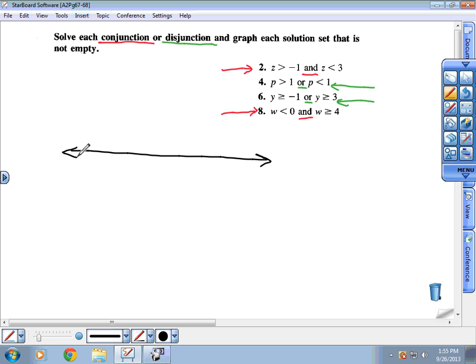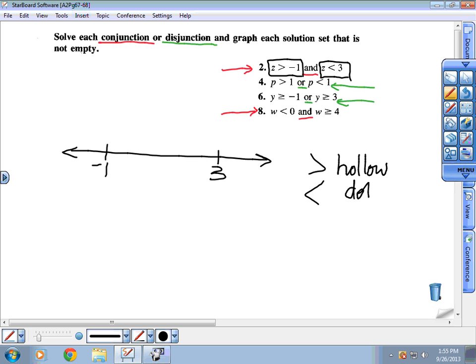So my endpoints for z greater than -1 and z less than 3: all I'm interested in is the -1 and the +3. Get them on the graph right where they belong. When you have greater than or less than, with no equal sign, you use hollow dots for the endpoints.